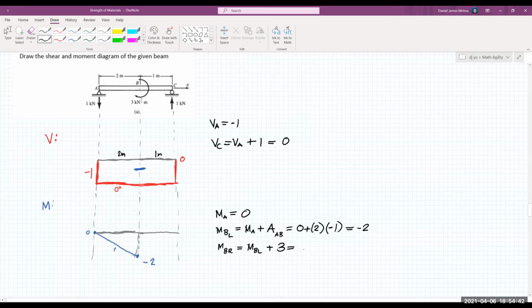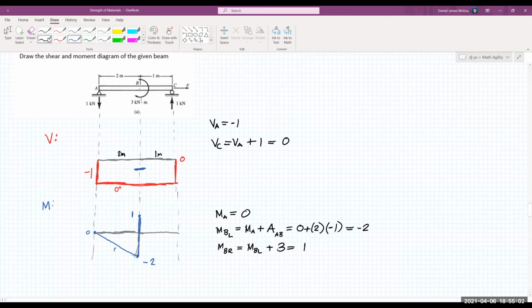So negative 2 plus 3 is actually 1. So it's positive 1, located here. Since it's a concentrated moment, we will have an abrupt change in the bending moment. So let's just connect a vertical line here.